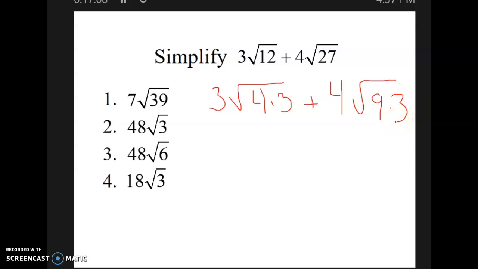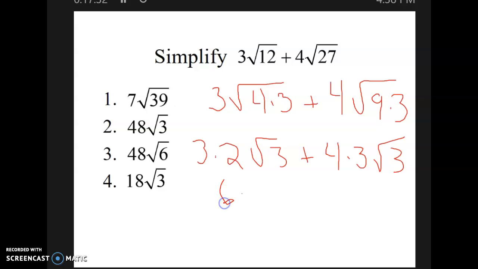That equals my 27. 4 is a perfect square. It comes out as 2, so we have 3 times 2 square root 3, and 9 is a perfect square, so bring down the 4. The square root of 9 is 3, and square root 3. So if you simplify that, you get 6 square root 3 plus 12. 4 times 3 is 12, square root 3.